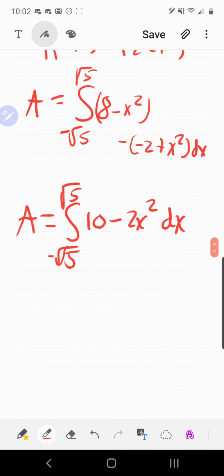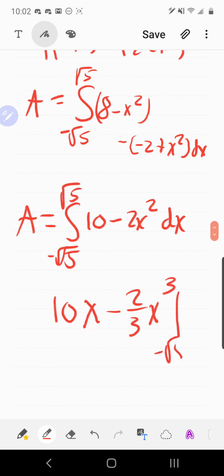So if we continue this integral, we're going to get 10x minus 2/3 x cubed, evaluated at negative radical 5 and radical 5.